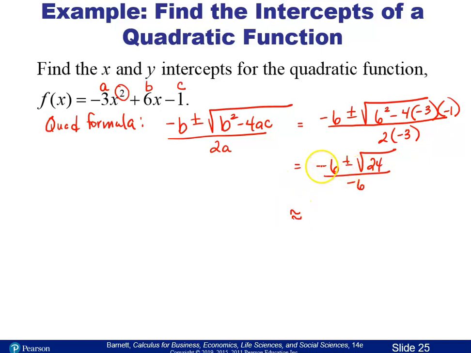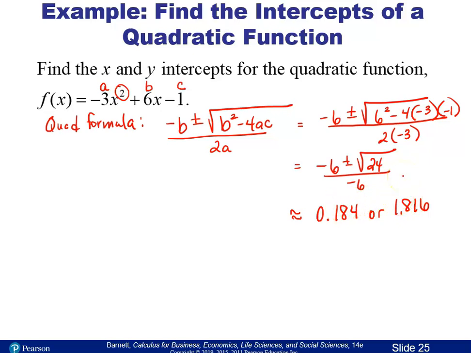If I say negative 6 plus the square root of 24 over negative 6, then I'm going to get 0.184. And then if I do negative 6 minus the square root of 24 over negative 6, I'm going to get my other answer here. So I end up with two decimal answers.